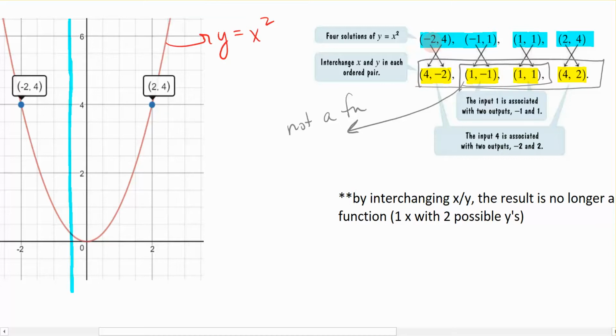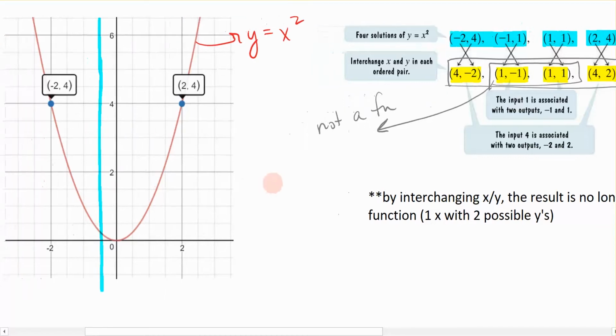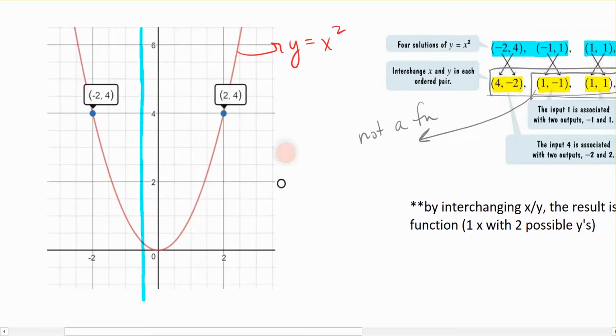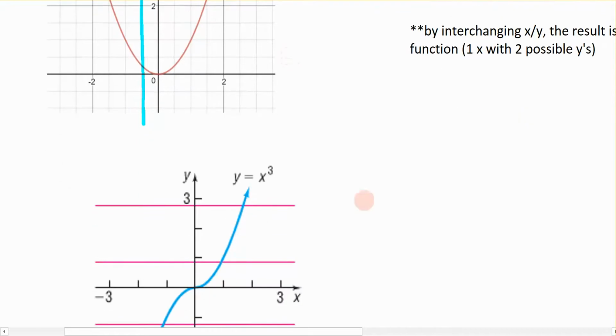So if I were to switch the x and y components of my known parabola function into the yellow parts I've highlighted here, I'm creating something that is not a function, and that's not what we want. So we would say that although this is a function, this is not considered one-to-one. Okay, so we can be a function but not one-to-one.